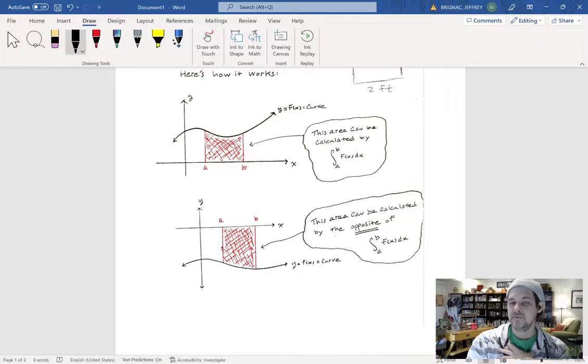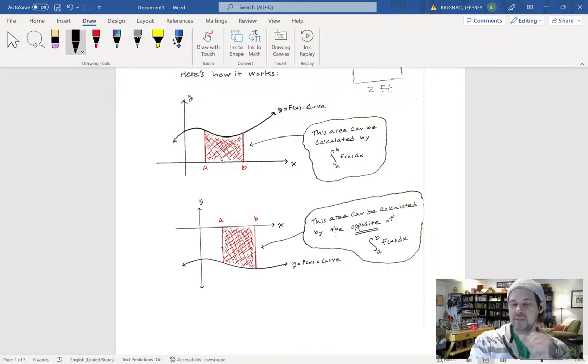And in this one, the curve is below the x-axis from number A to number B on the x-axis. So we'll have to look at it where we're trying to find the area from number A to number B, and the curve is either above the x-axis or below the x-axis, at least as far as number A to number B are concerned. What happens outside of number A and number B doesn't have any relevance to what we're doing.